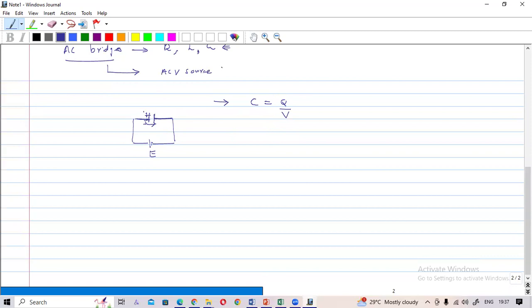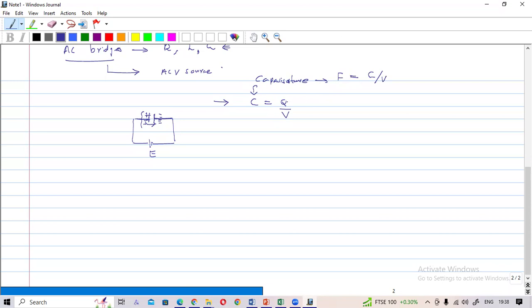So on this side, the plus charge will be there. On this side, the minus charge will be there. And Q divided by V, the capacitance, is defined like this. C is the capacitance. This is measured in farad actually. Farad means nothing but coulomb divided by voltage.